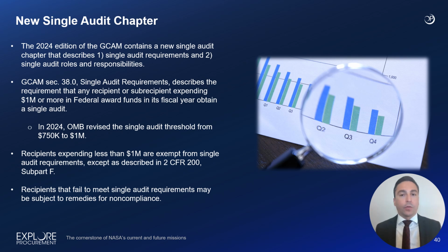In the past, the threshold for single audits was $750,000, but OMB raised that limit to $1 million when they revised 2 CFR in 2024. Recipients expending less than $1 million in federal award funds in their fiscal year are exempt from the single audit requirements. For more on single audit requirements, please see 2 CFR 200, subpart F.